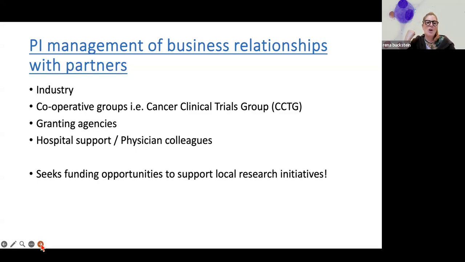And then it's always helpful as the PI to earn good favor with the hospital administration that's going to help you enact the study.